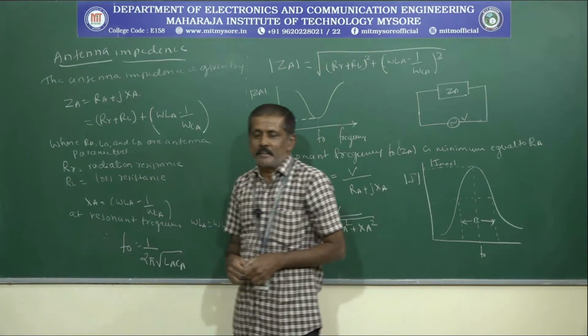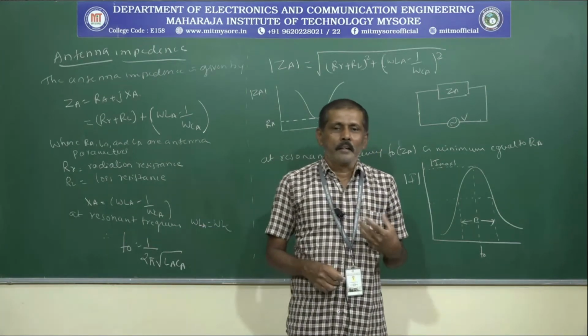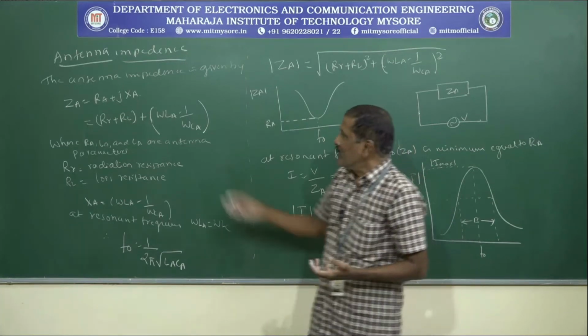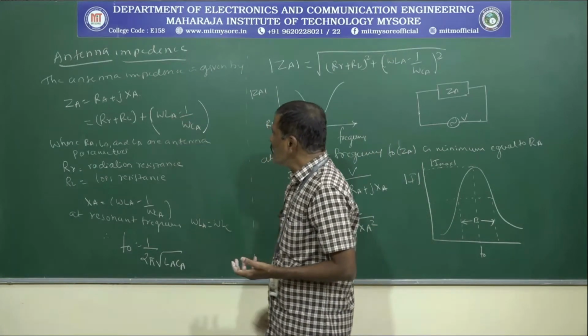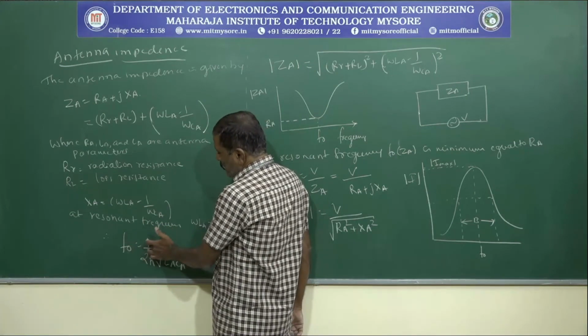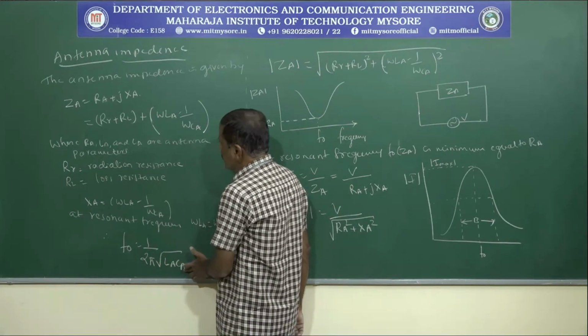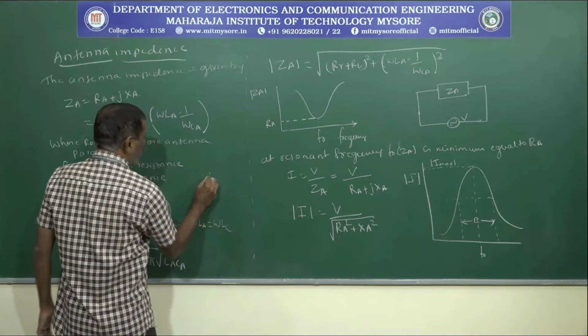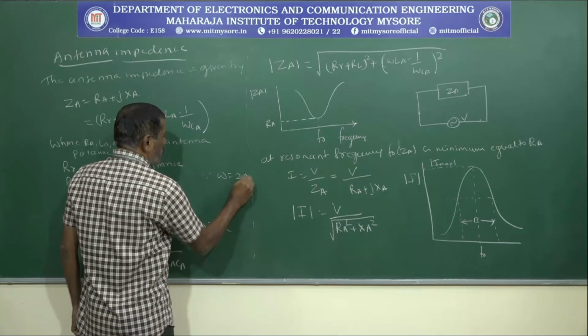At resonant frequency, capacitive reactance is equal to inductive reactance. Then omega LA is equal to 1 by omega CA, so we will get F0 is equal to 1 by 2 pi root of LA into CA, because omega is equal to 2 pi F.